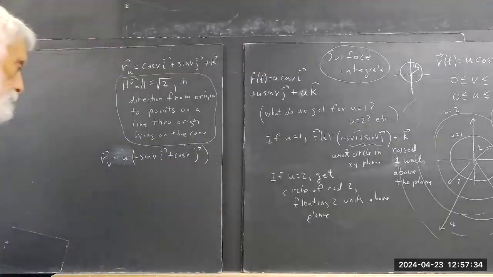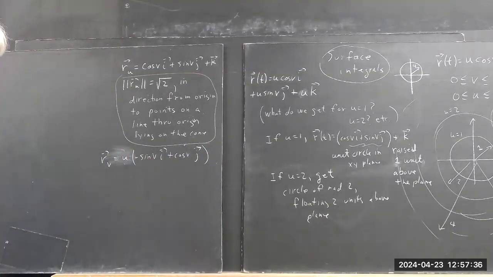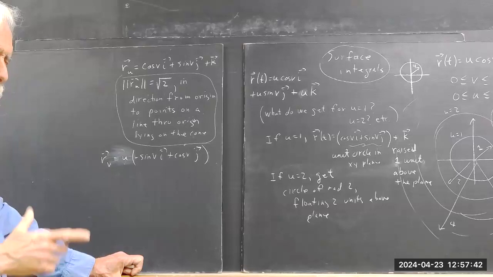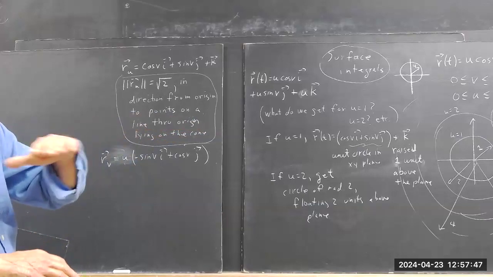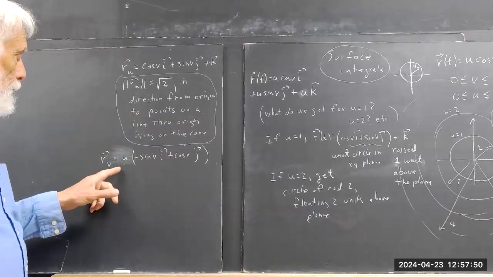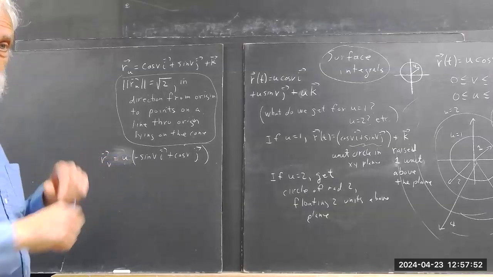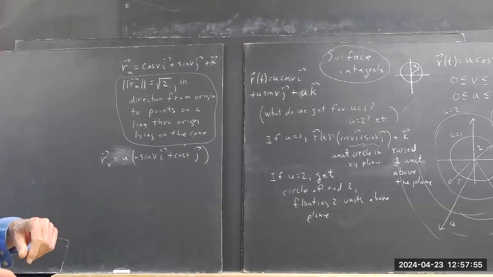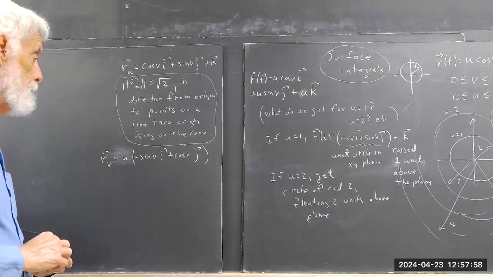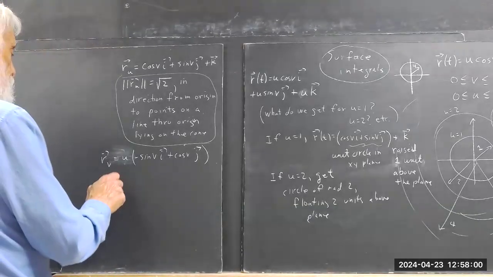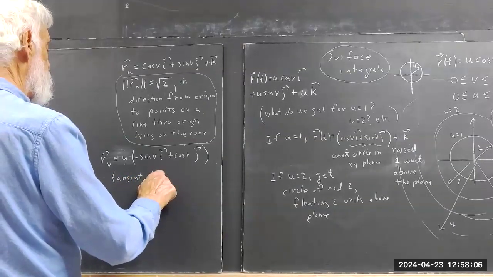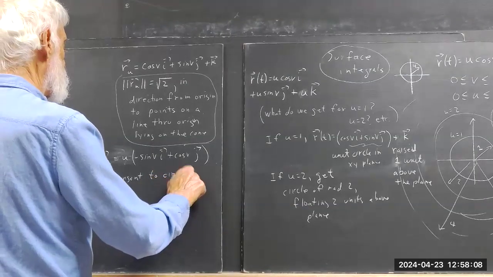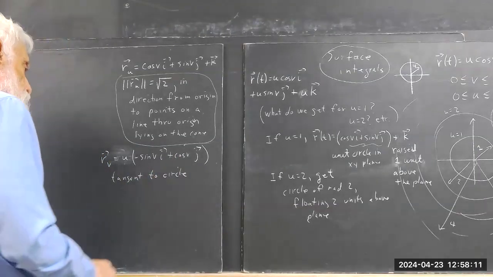Now, this is a vector at every point. If you're on the circle floating here 1 unit high, then this vector is going to be tangent to that circle. Let's just say it's tangent to the circle.